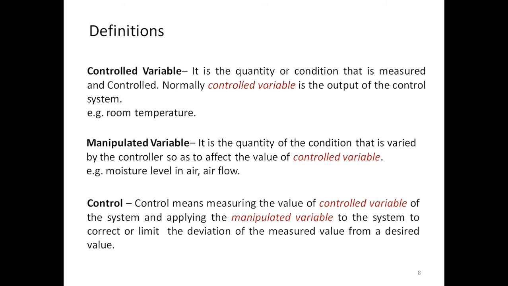Means if our set point is 20 degrees and current room temperature is around 25 degrees, so we measure the control variable, that is the room temperature, and we apply this information to the air supply valve so it gets opened more than the previous case, so it will provide more cool airflow and it will try to reduce the temperature to 20 degrees Celsius.